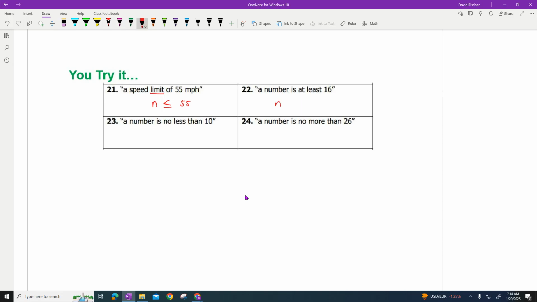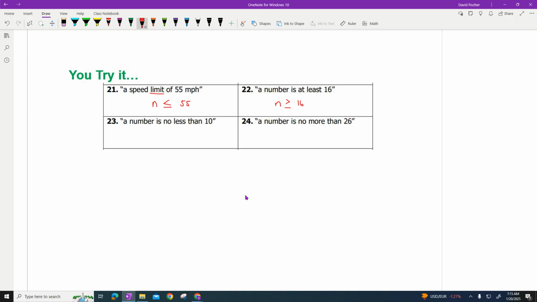A number is at least 16. So I kind of think about it. At least 16, that means this could be 16. So I'm going to have the or equal to, and if you have to be at least 16, well then 16, 17, 18 would work, because anything over 16, you must be at least 16, so it's going to be a greater than sign.